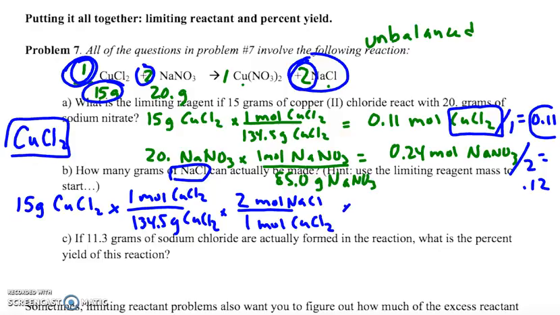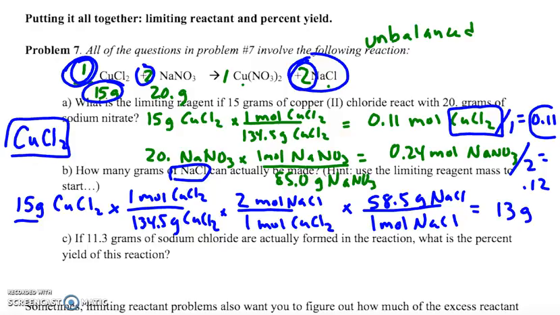The last step is to convert moles of NaCl into grams of NaCl. So 1 mole of NaCl weighs 58.5 grams. So when we do this, if we maintain the 2 sig figs that we started with, we should end up with 13 grams of NaCl theoretically produced.